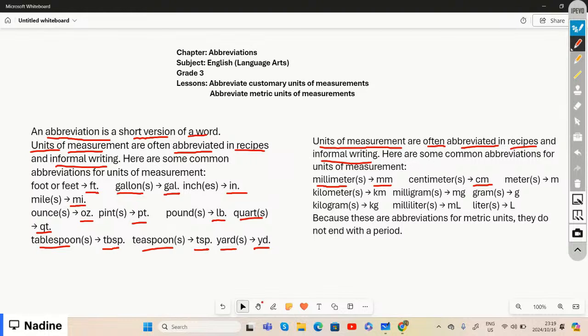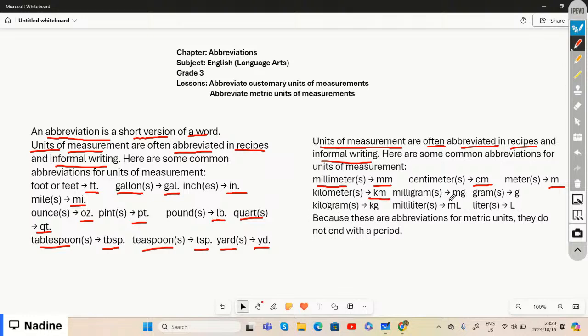Meters, just more than centimeters, which is only m for meters. Then we have kilometers, usually distance if we are driving. And then we measure that in kilometers, which is km.